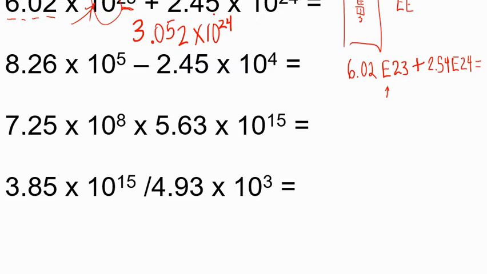And then hit your EE, and then type in your 23. No, just 23. And then plus 2.45. And then your EE and your 24. No, just 24. The EE means times 10 to the.